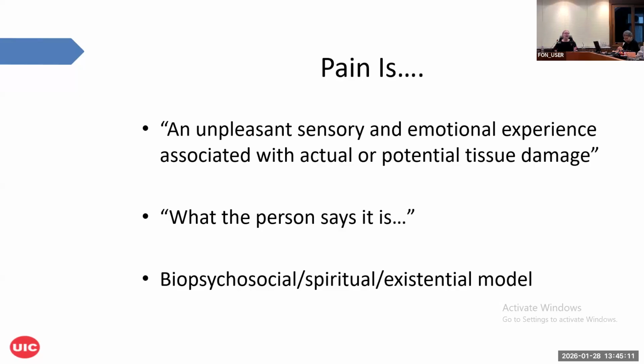And the tricky thing around pain is that it can be associated with actual tissue damage, but it also can be potential tissue damage. So pain is what a person says it is. We don't always have objective physical evidence of pain.